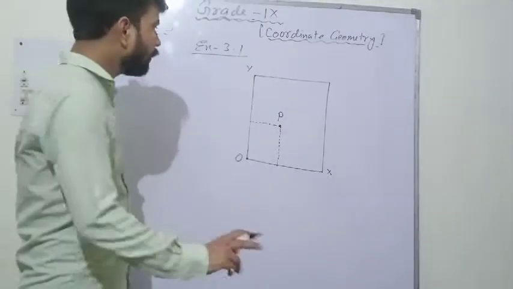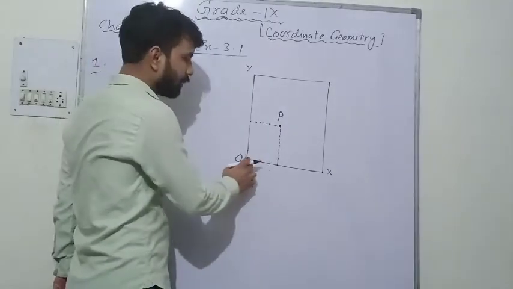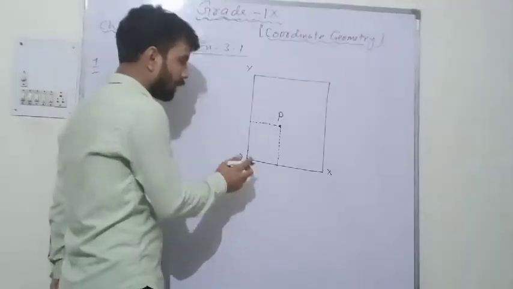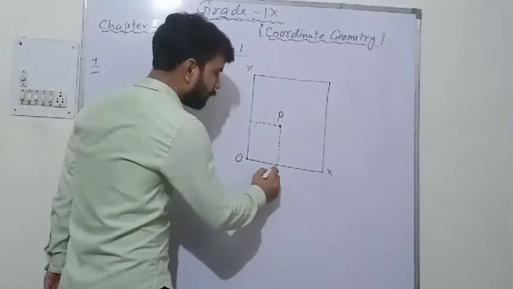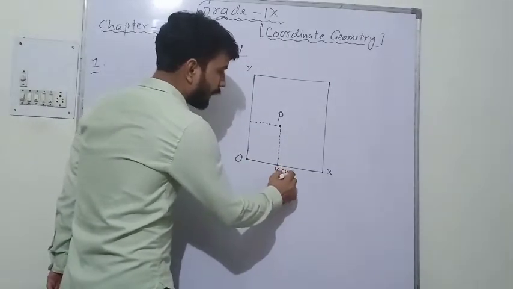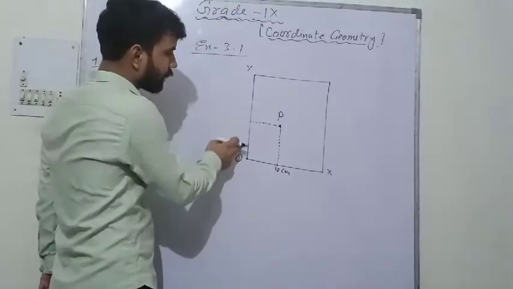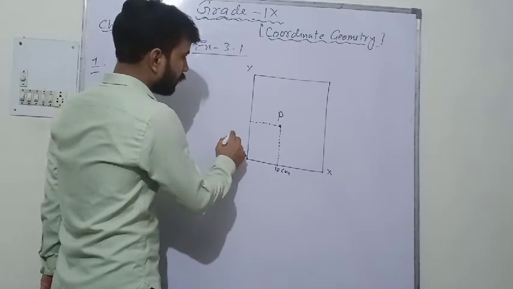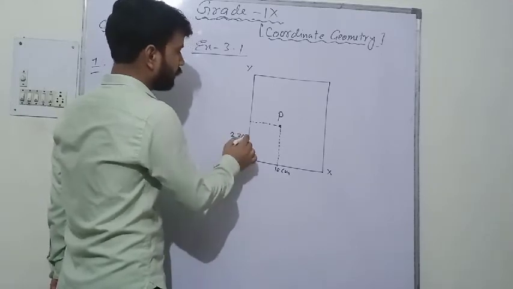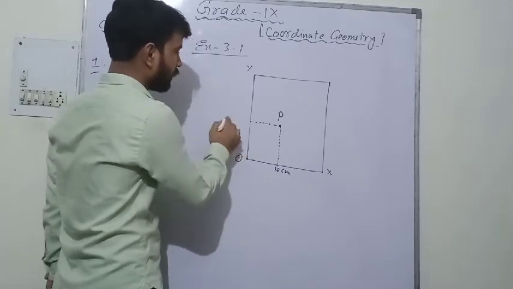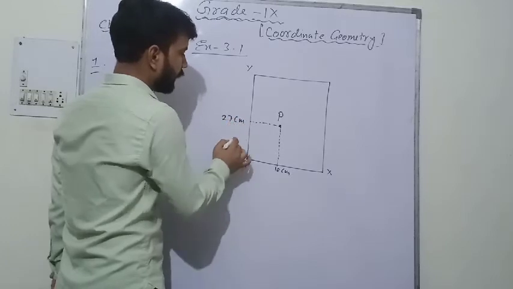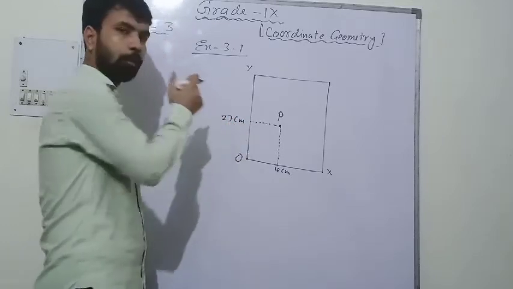Clear? Now we have to find out the distance of this point from the origin. Suppose this distance is 10 centimeter from this corner point, and this distance is 27 centimeter from this corner point.